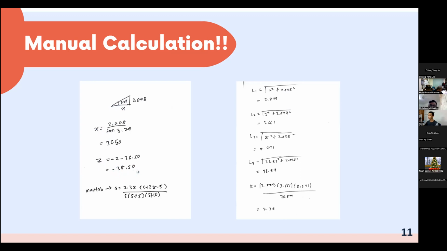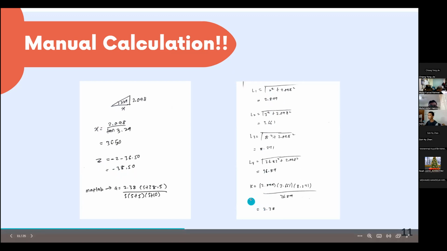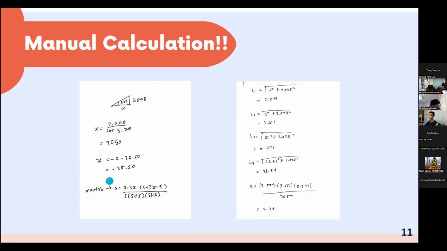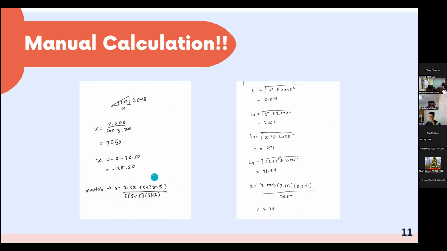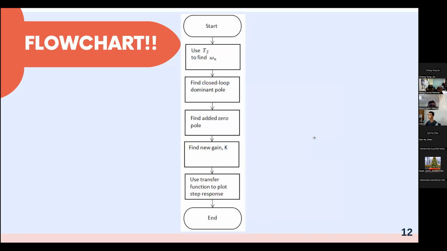And so we also calculated the new gain, which is 2.38, and then we get this equation, and we plot it using MATLAB.